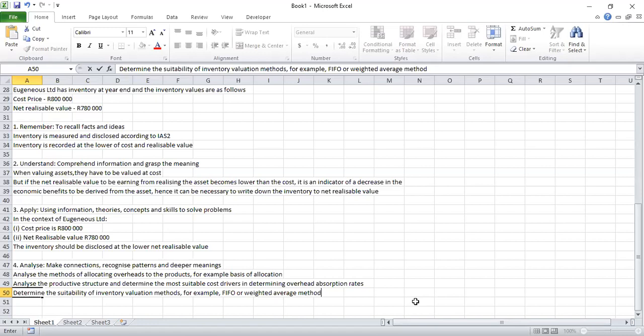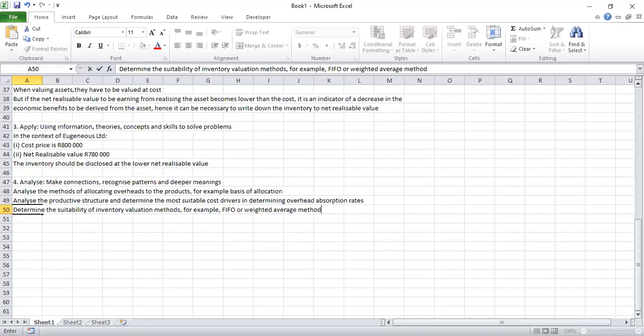What is the justifiable method that can be used to value our inventory? So you are now questioning as an accountant. You are not just going into an organization and saying the inventory is valued at the lower of cost and net realizable value, and this organization determines cost in 1, 2, 3, 4, 5, 6 ways.